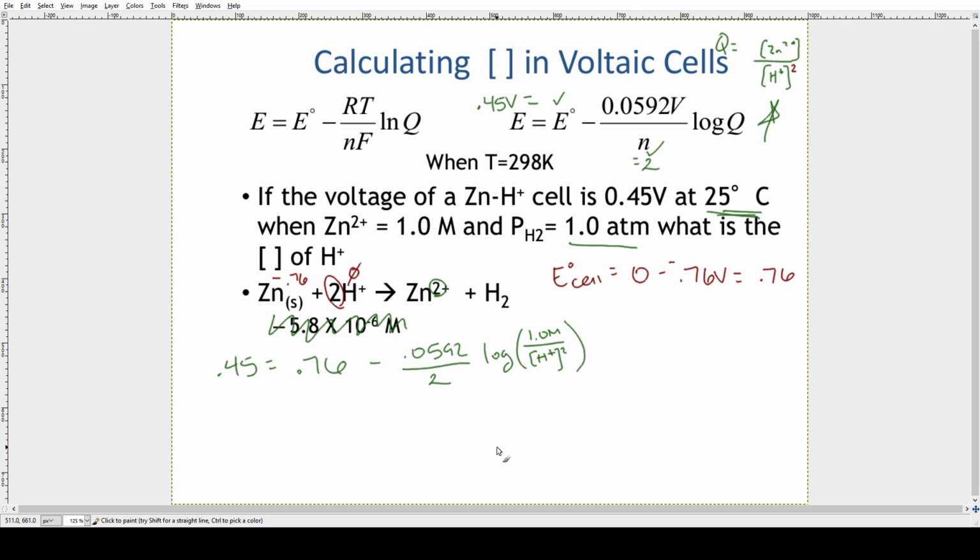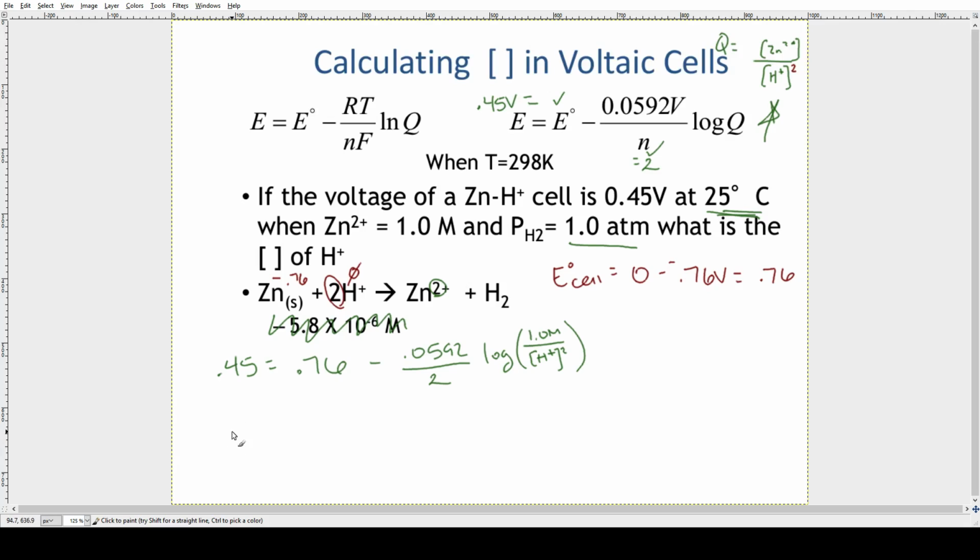What a mess. So let's move everything over to one side of the equation if we can. So I'm going to do 0.45 minus 0.76. And then I'm going to multiply that times 2 and divide by 0.0592.